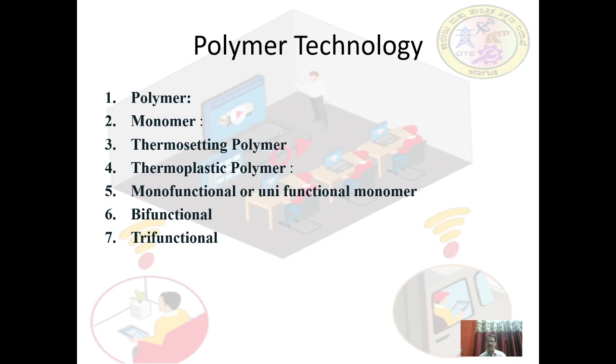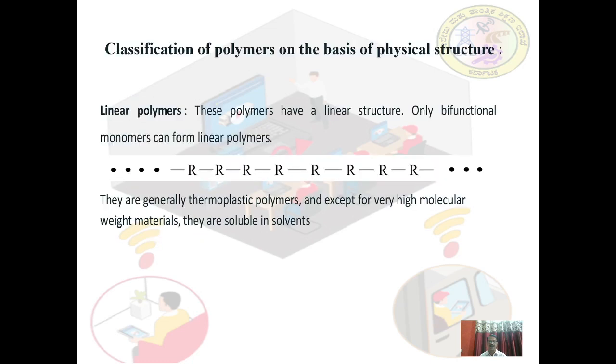In this session we are going to discuss the classification of polymers on the basis of their physical structure. First one is linear polymer. These polymers have a linear structure. Only bifunctional monomers can form linear polymers. For example, a monomer having R double bond R structure.